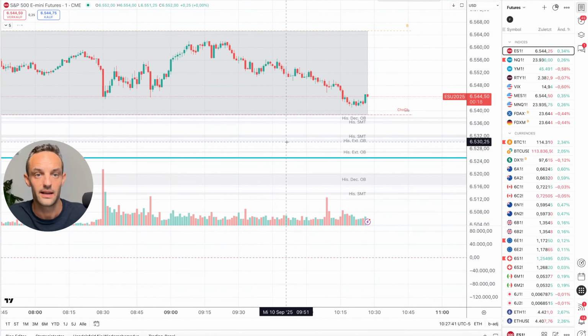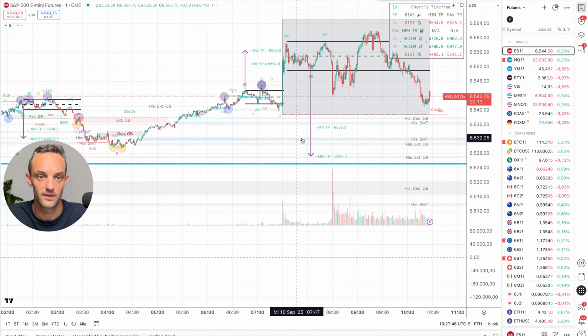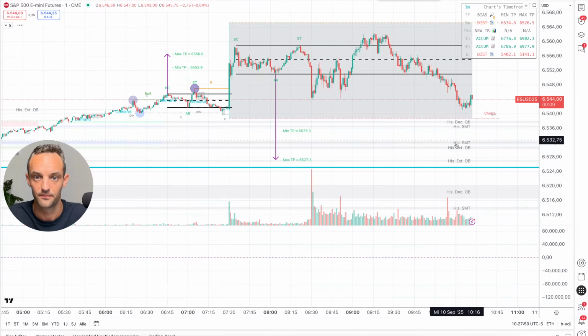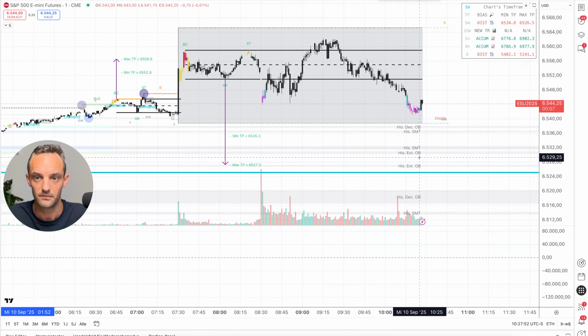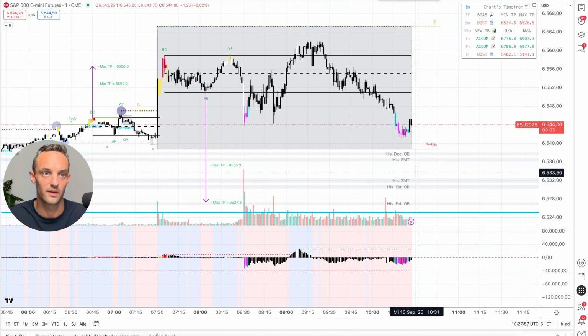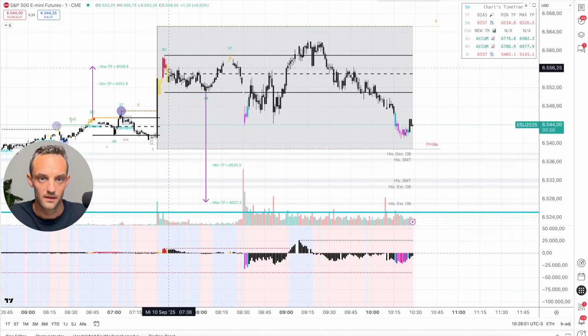Let's take a look at the 1 minute chart. I need to zoom in and out here. I did the trades on the NASDAQ, but I think it's the same on the S&P 500. Let's see together, okay?